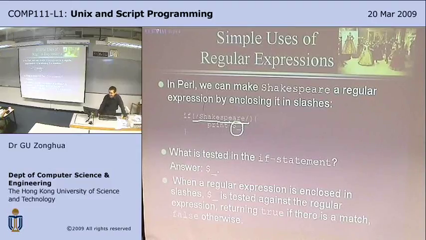We will see later how you can test some other string, not $_. You have an operator called equal tilde, which lets you test a regular expression against any string. If you omit it, it tests against $_.